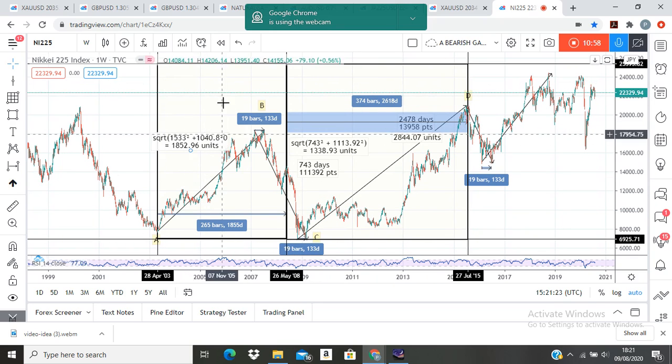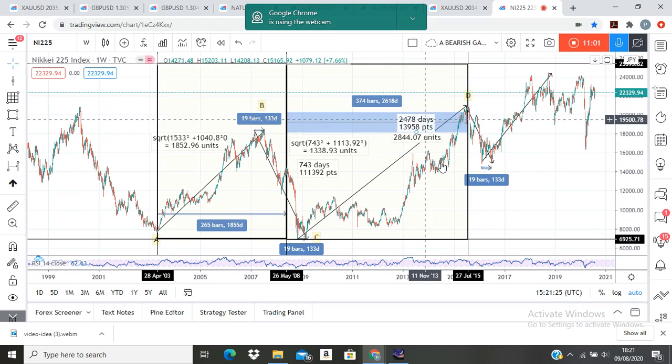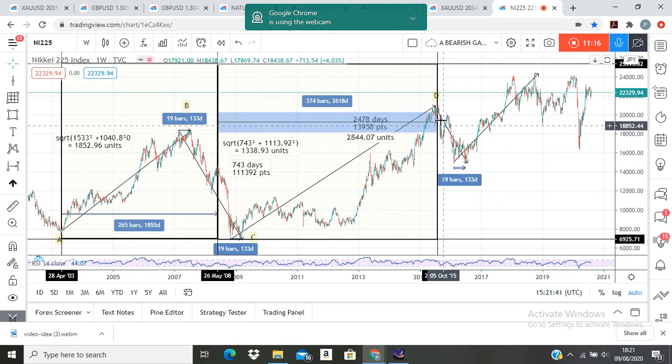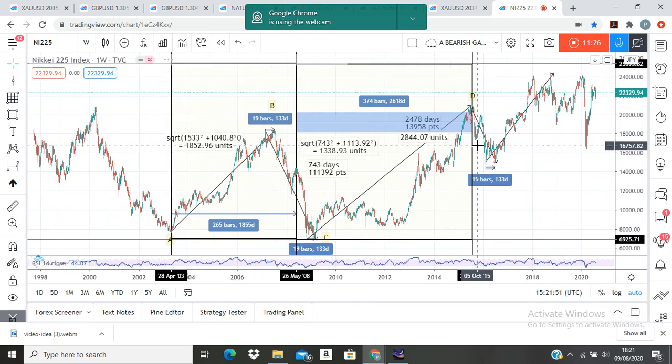We have a 1 by 1 square here, and this is a 1.4142 rectangle, which is a root 2 rectangle. So now we have created our first compound rectangle, and we can see that the end of that second expansion is exactly where this correction took place.